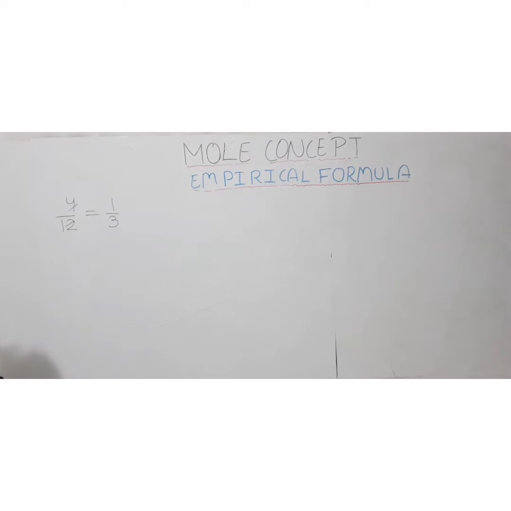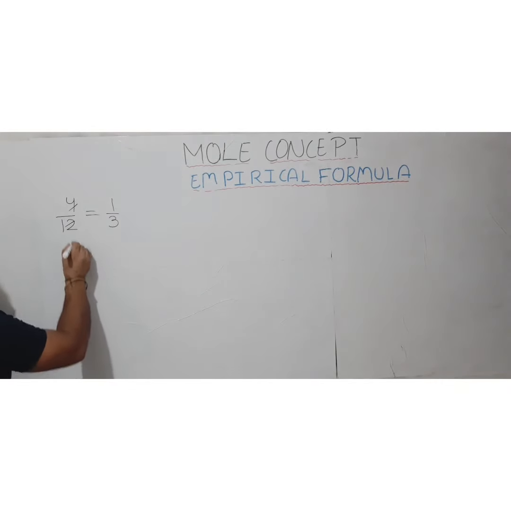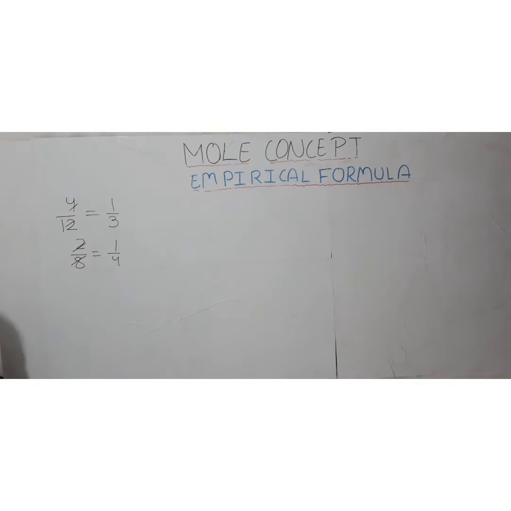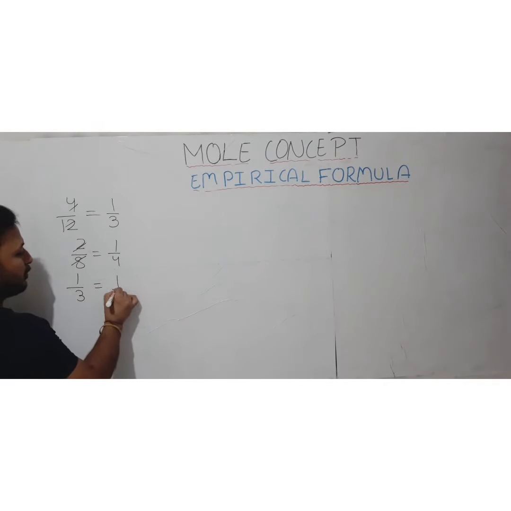Same if I give you another fraction, like 2 by 8, you can simplify it and write the answer as 1 by 4. But if I give you 1 by 3, you cannot simplify it further, because it is already in simplified form.